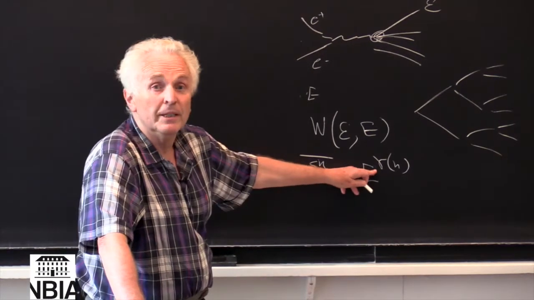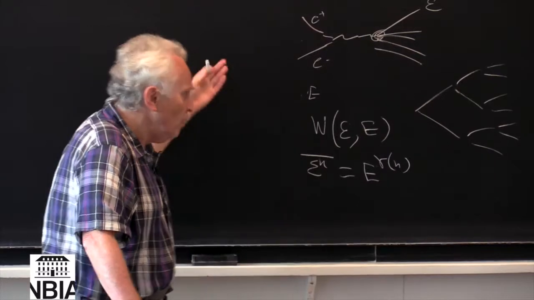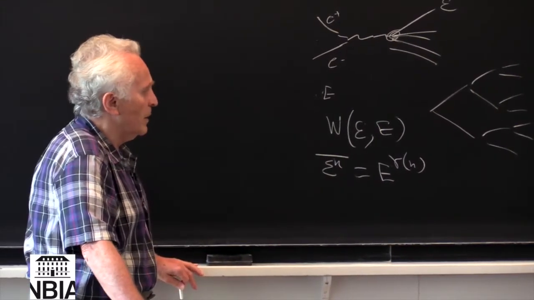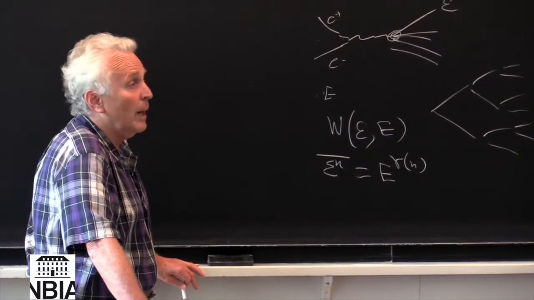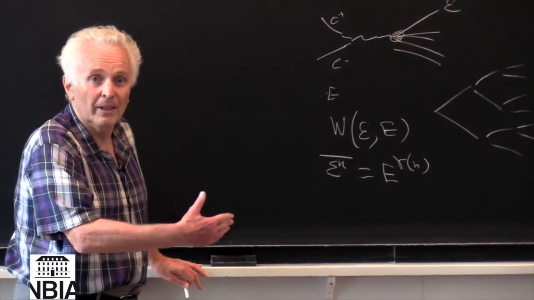We know explicit expressions for gamma. We are more or less able to answer all the questions we want to ask here. While in turbulence we're still in the Stone Age.